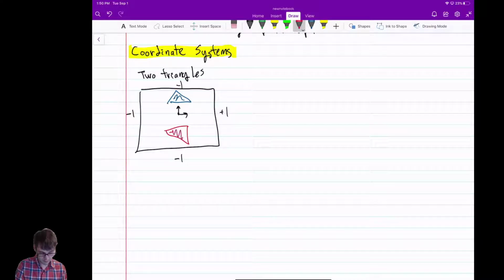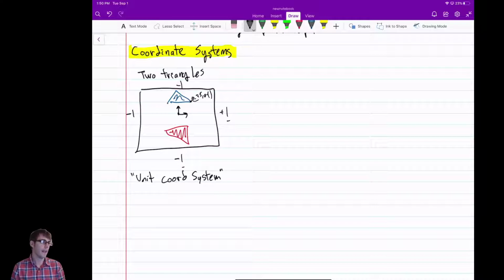Our point here was just 0.35, 0.1 or whatever in this coordinate system, but it still looked the same on the screen. This is called the unit coordinate system, and the reason it's unit is because of those ones, plus or minus one. We'll come back to that a little bit later.